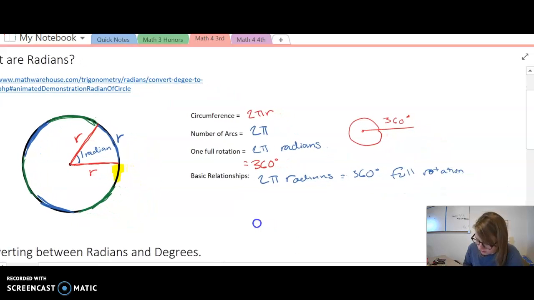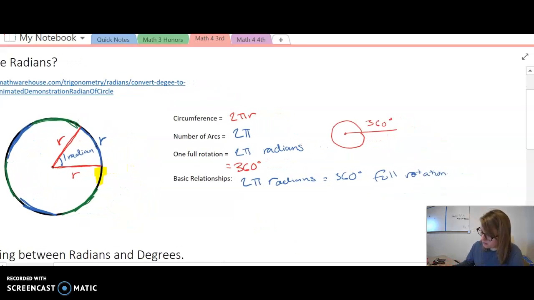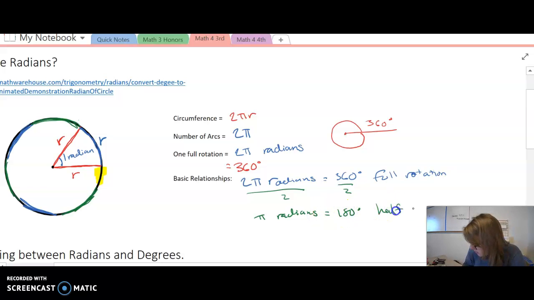Our next relationship that we can say is if we divided both of these by 2, well, we would get pi radians is equal to 180 degrees, and that would be a half rotation. Alright, and then, well, what if we then divided this by 4?